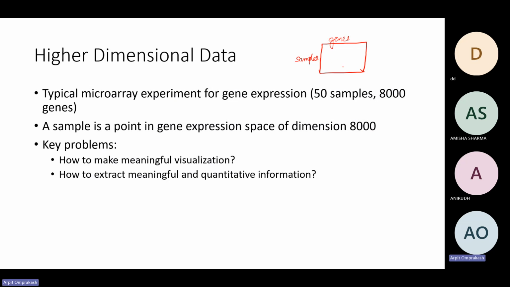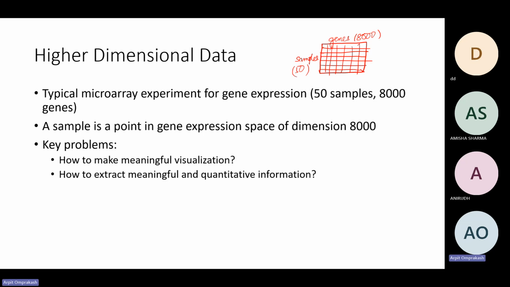If we try to represent this data mathematically, each of our points is a sample. Each point is basically one row of this data frame and it is represented by 8,000 genes. So there are 8,000 dimensions in which it can vary. Our whole data set is now in a space of 8,000 dimensions.